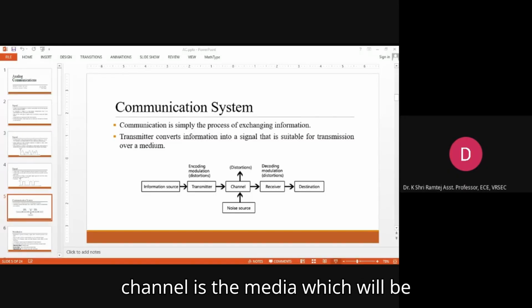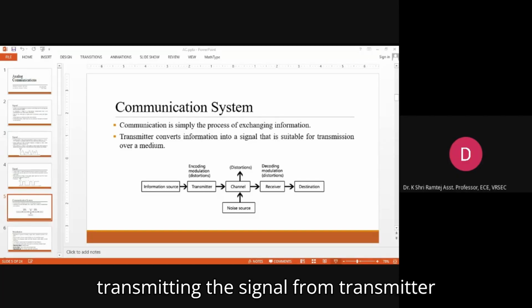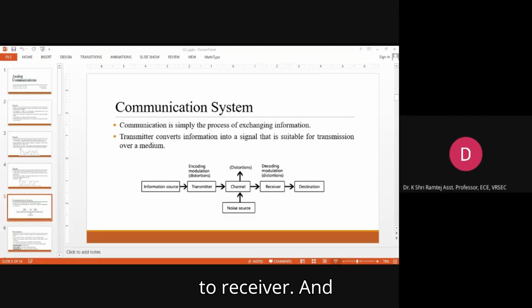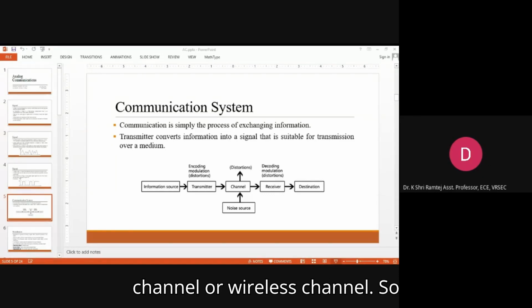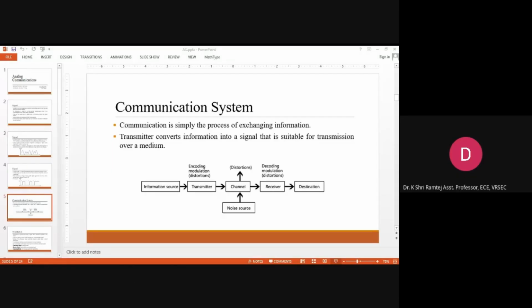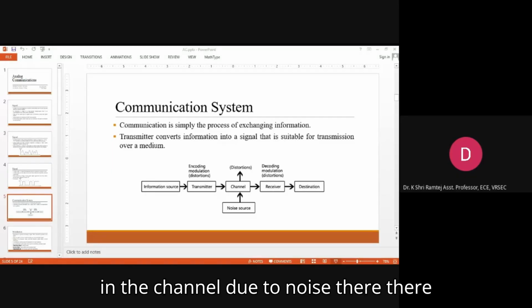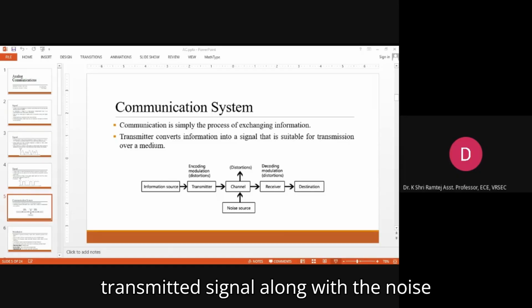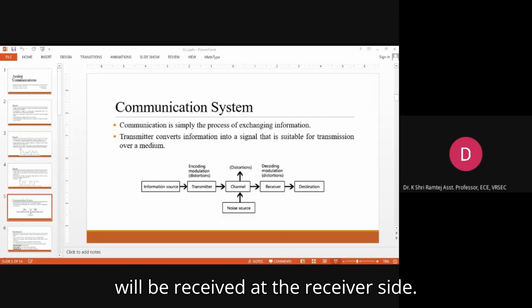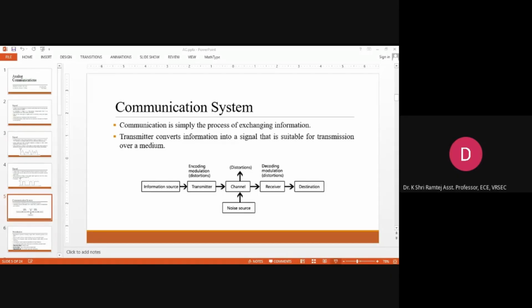This channel is the media which will be transmitting the signal from transmitter to receiver. And this channel can be either a wired channel or a wireless channel. So in the channel, due to noise, there might be some distortions. So the transmitted signal along with the noise will be received at the receiver side.